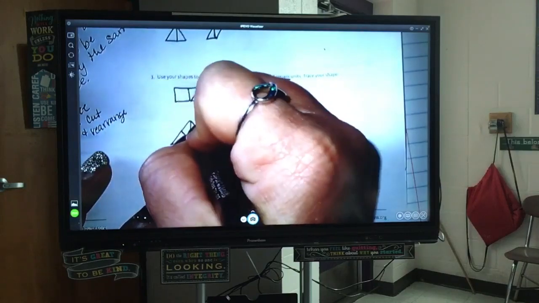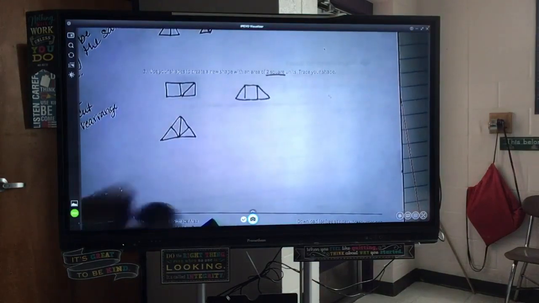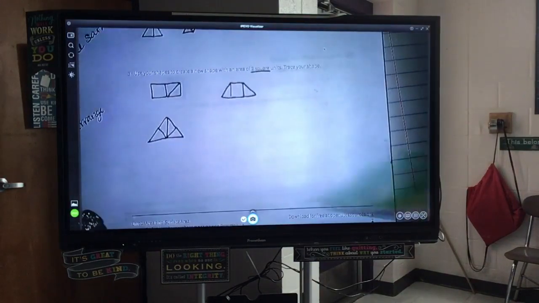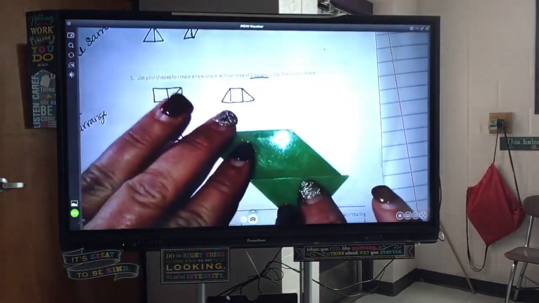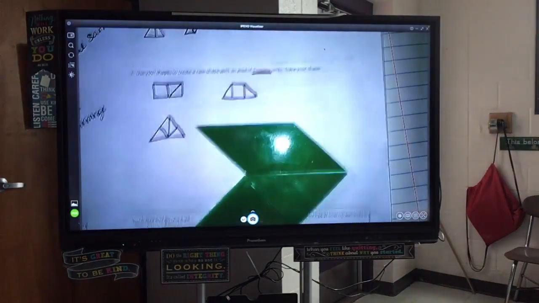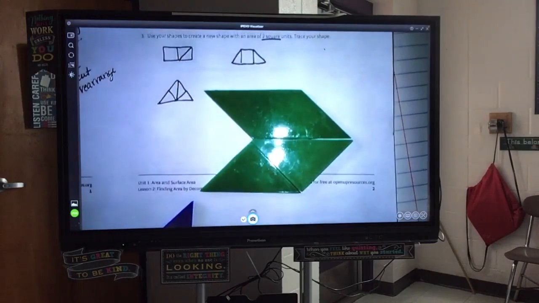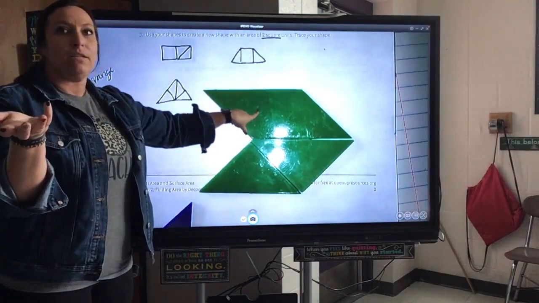And then this one, which is a little bit more crazy for me to try and figure out. So what about that one? It doesn't matter. Why doesn't it matter? What was the only criteria that I gave you guys? It had to be what? 2 square units. Well, this one you guys already made, right?